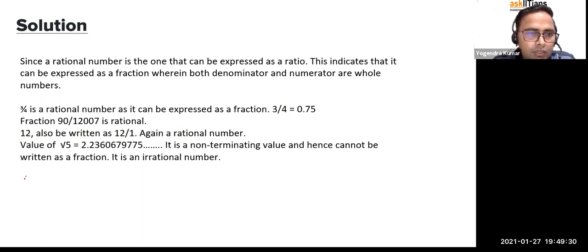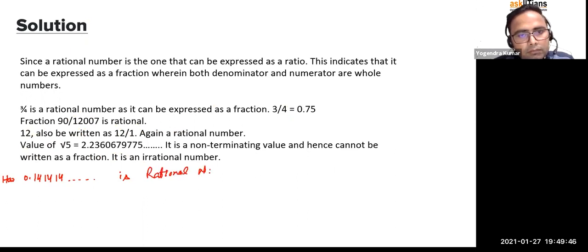Let me write down how 0.141414 is a rational number. So what do we do actually? I should be able to write it in P by Q form.